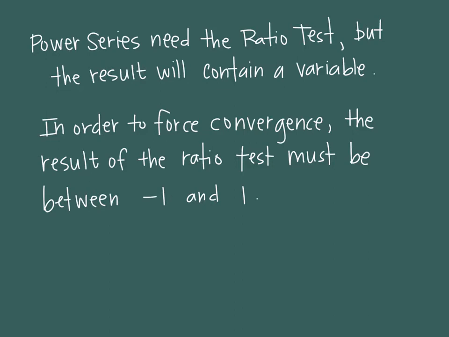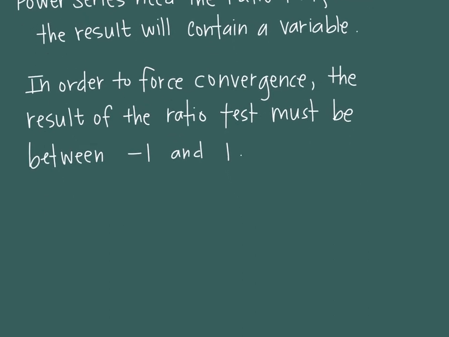The result for a power series will not have n in it, because when you reduce the ratio, all those n's are going to be gone. All the n's will be gone. It's going to be nice for us because we'll just be left with x's.